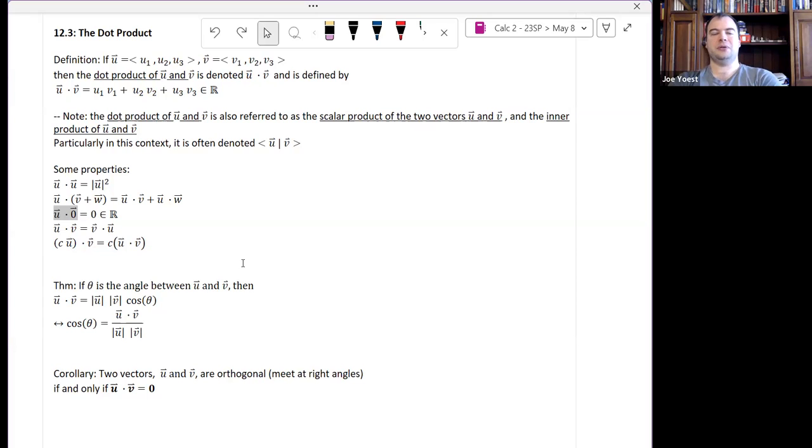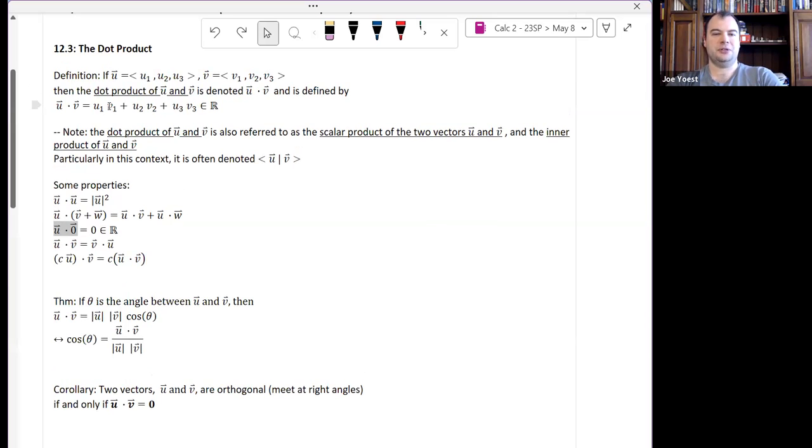So u1, u2, u3 dot 0, 0, 0. Well, of course, that's just 0, right? That's just u1 times the number 0 plus u2 times the number 0 plus u3 times the number 0. Of course, that is the real number 0. So the vector u dotted with the vector 0 gives me the scalar 0, the real number 0.